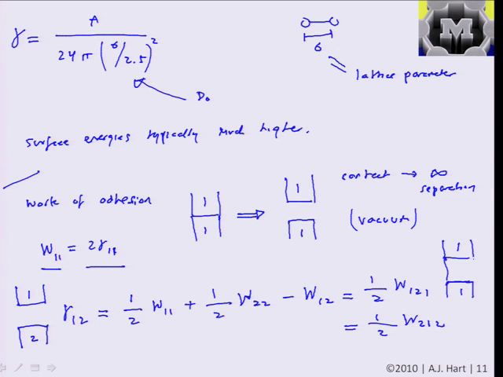So it's like having a case like this for here, and gamma 1, 2 would be the energy of the surface, the interface between 1 and 2.